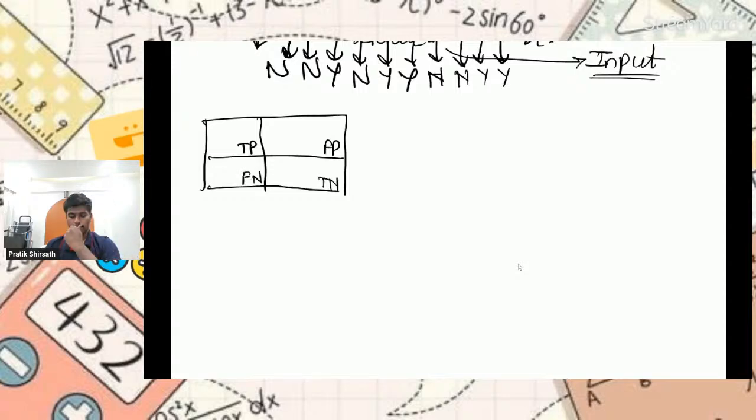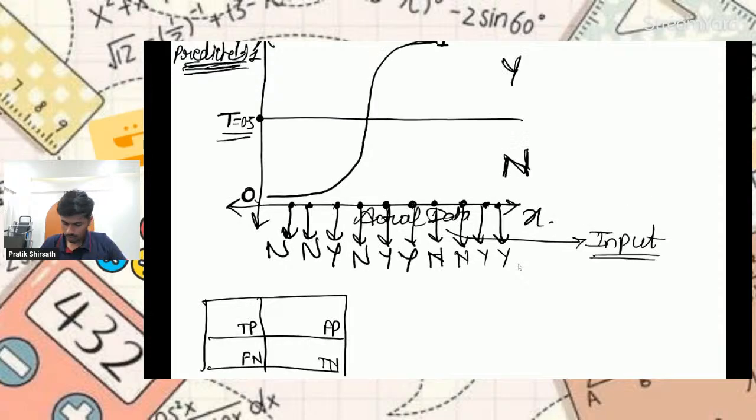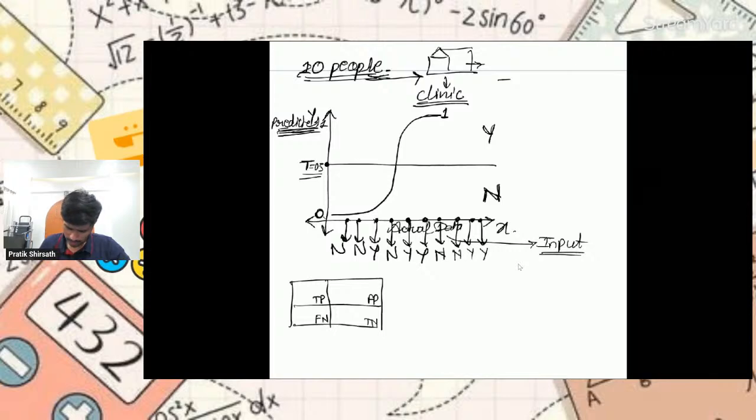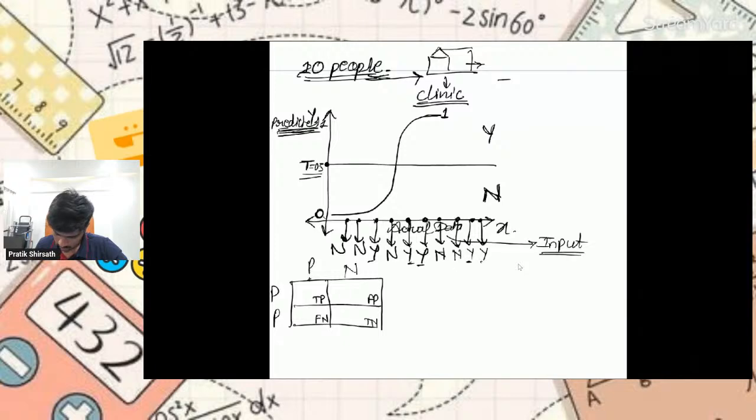Yeah, FN. Now for this model, are you able to see? For this model, how many values are actually positive? This is positive, this is negative, this is positive. How many values are predicted positive and actually positive? Now actually positives are these. Total five people are positive.